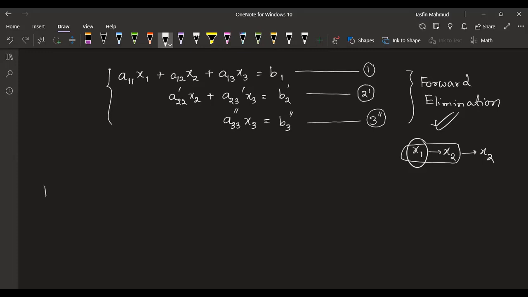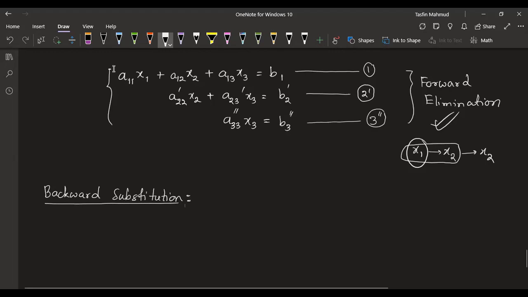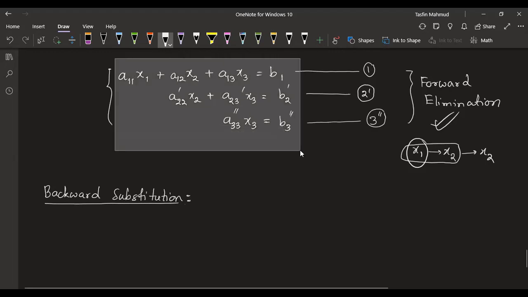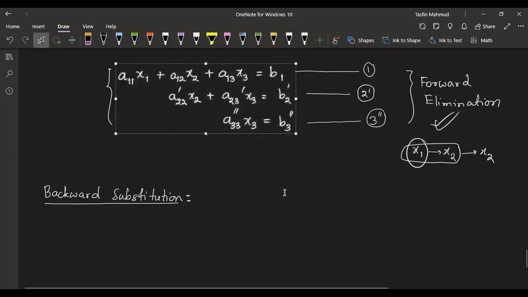Okay, so step 2 is backward substitution. We will find the value. By the way, by having a look at this system of equations, can anyone guess which variable is easier to find, x1, x2, or x3? Sir, x3. Exactly.